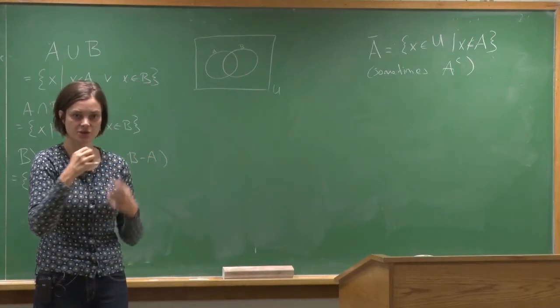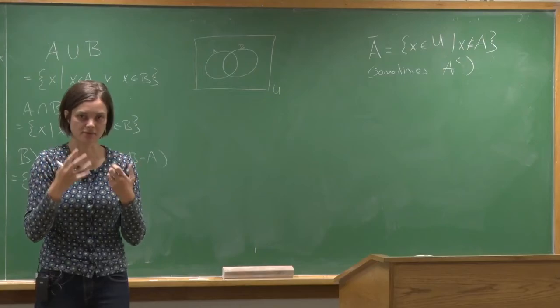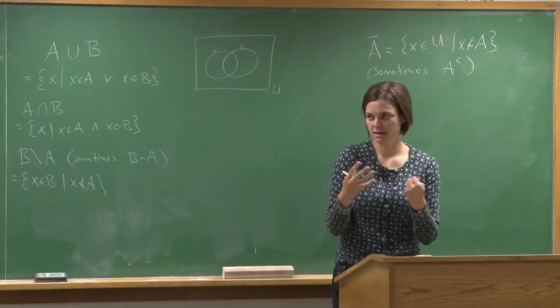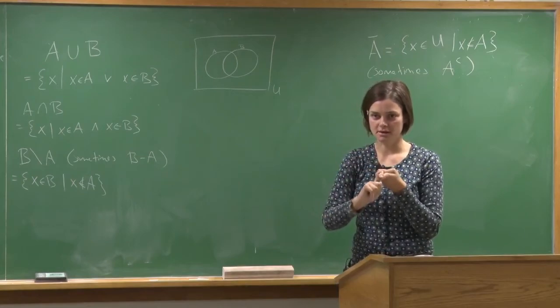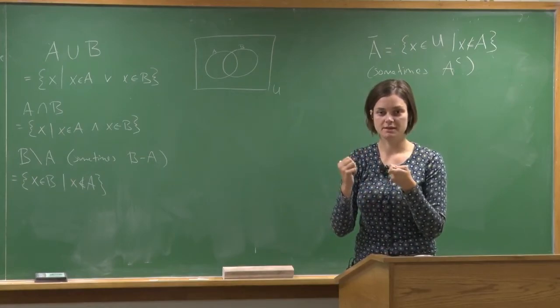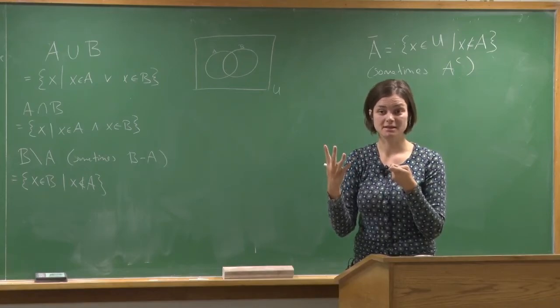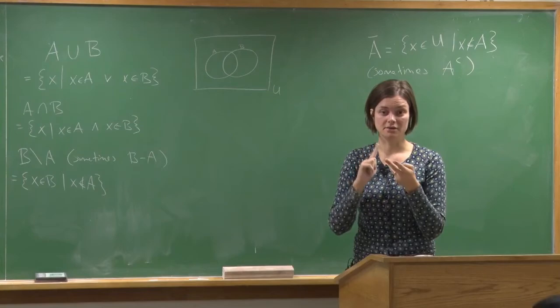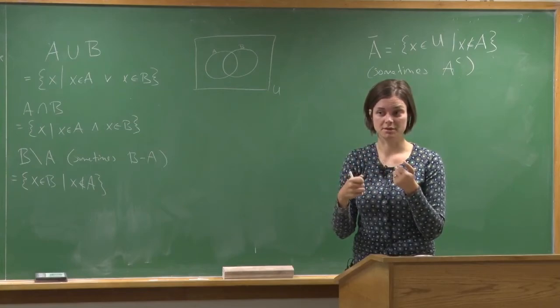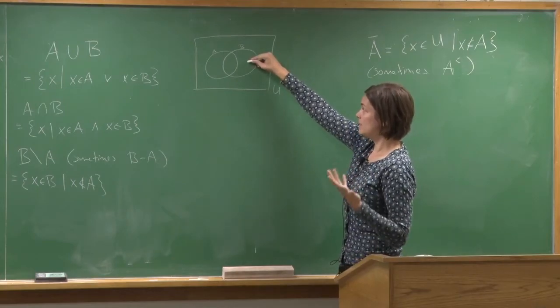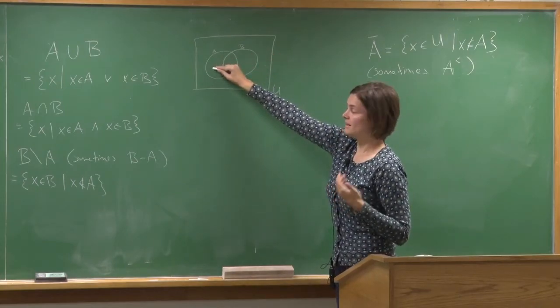This Venn diagram has two sets in it, and it has four regions, right? Because every element is either in the set or it's not in the set, right? So if there's two sets, that means that there's four total possibilities of being in a set or not in a set, right? You're in A, not in A, and you're also in B, not in B. So it's four total possibilities. So there's four regions: not in A and not in B, not in A but in B, in A and B, and in A but not in B.